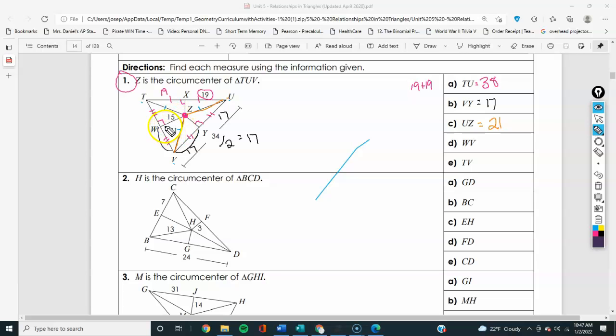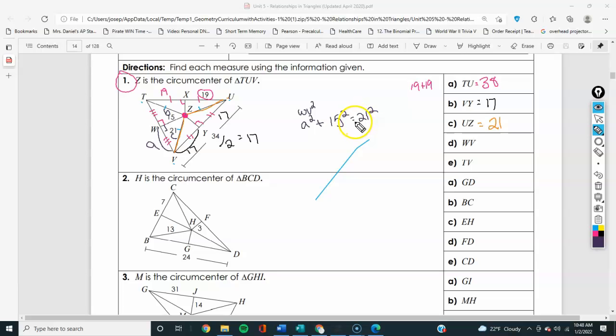That's 15, that's 21. If I put that there, that's a right triangle, right? And you remember yesterday how we talked about Pythagorean Theorem? A squared plus B squared equals C squared. So I got to set that up. So I'm going to go VW or VZ squared, or you can call A squared. That's what I'll probably do. Plus 15 squared equals 21 squared. All right.